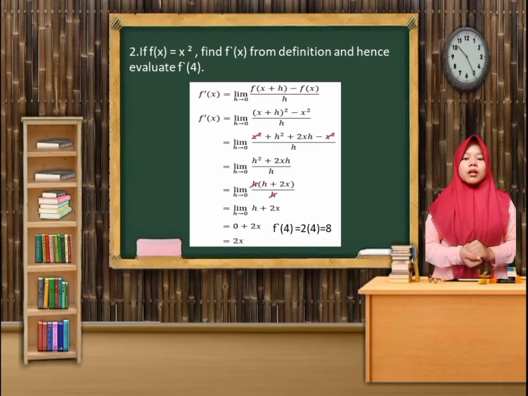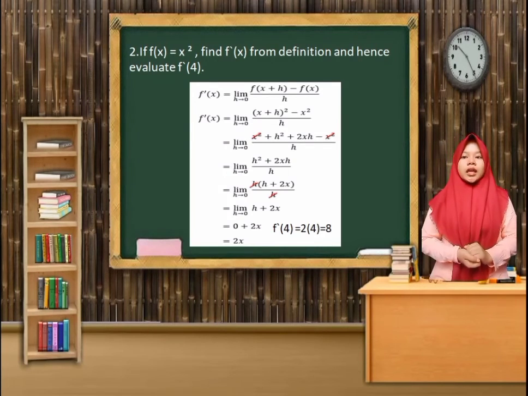Expanding, equals the limit of x squared plus h squared plus 2xh minus x squared. x squared minus x squared equals 0. Equals the limit of h squared plus 2xh, all over h, as h approaches 0.